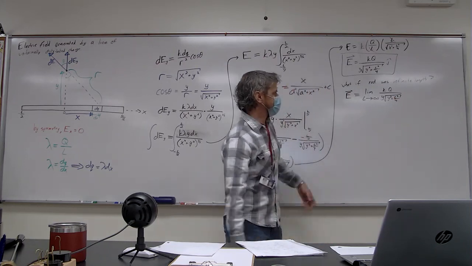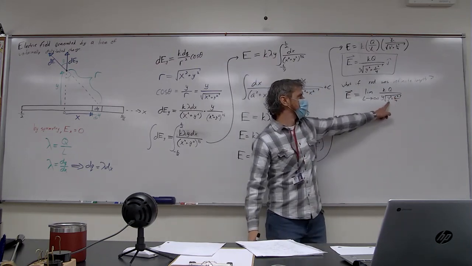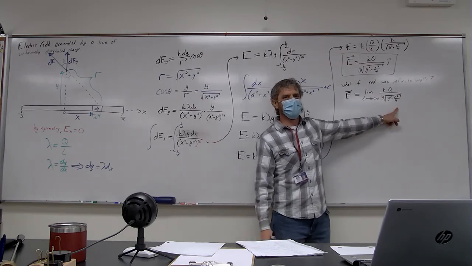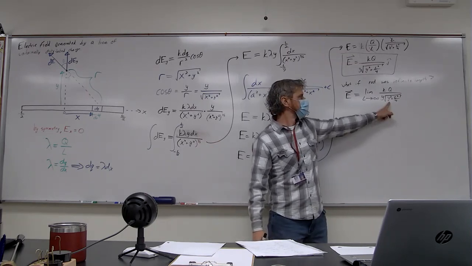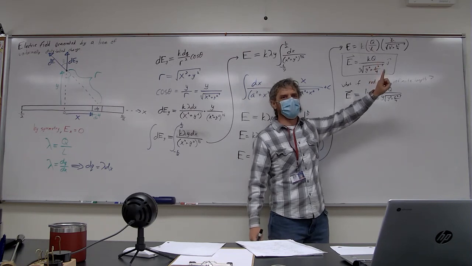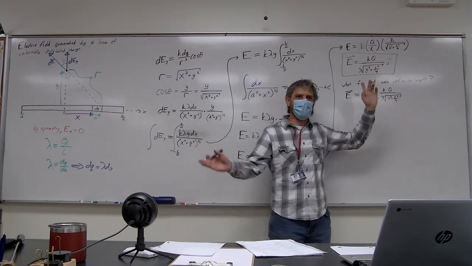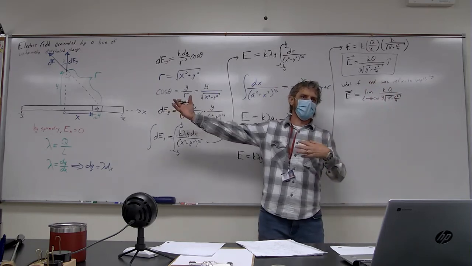As L approaches infinity, what can I get rid of in the denominator? Well, I can just get rid of Y under the radical, because it's inconsequential compared to L squared over 4.